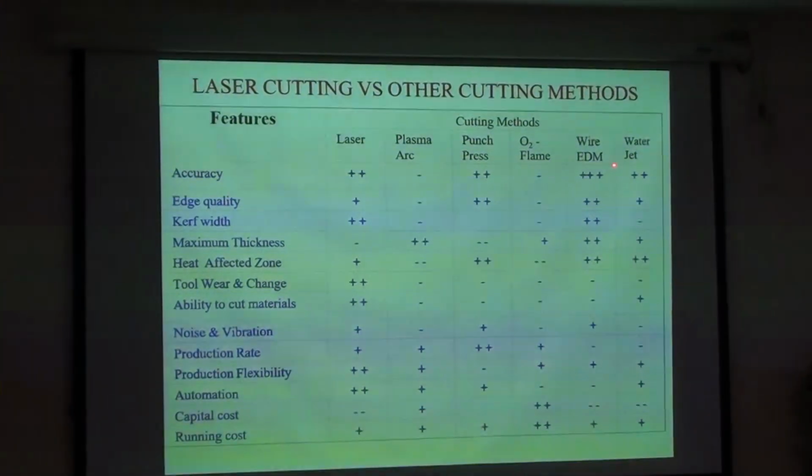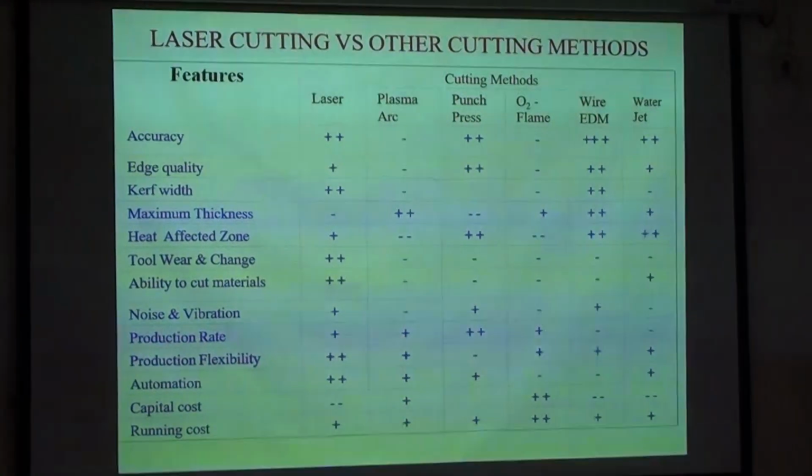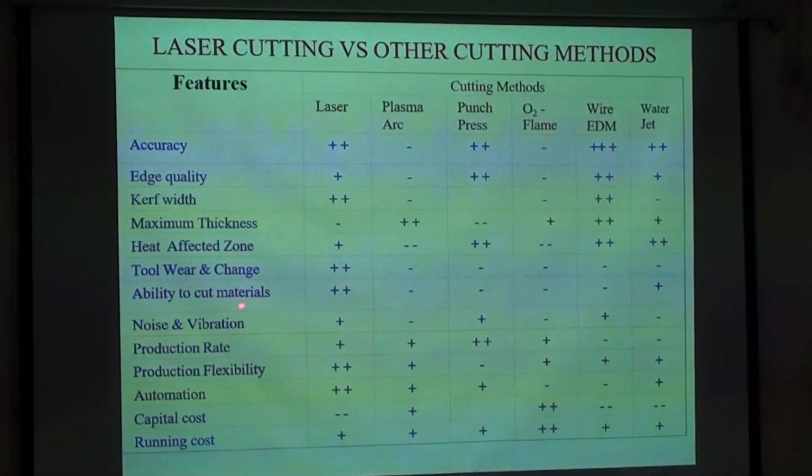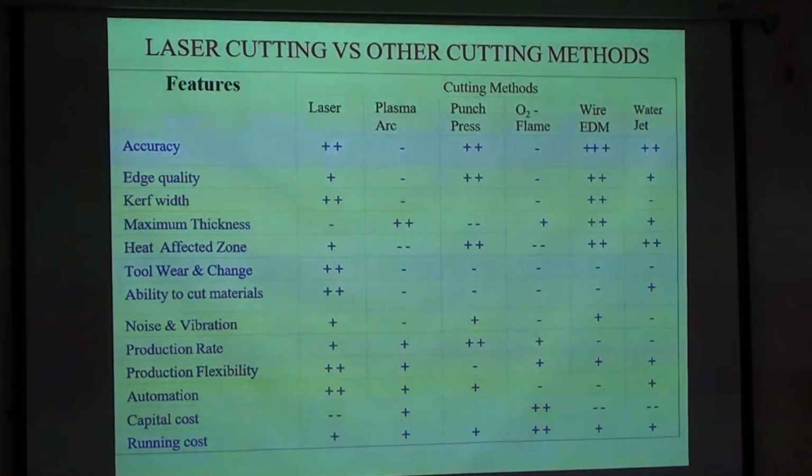Regarding the ability to cut materials, wire EDM only cuts conductive material, because it needs to complete the circuit through the surface. But with a non-contact way of removing the material, you have a better advantage. The only thing is the capital investment, that is the initial investment.